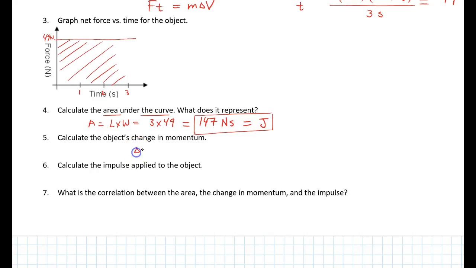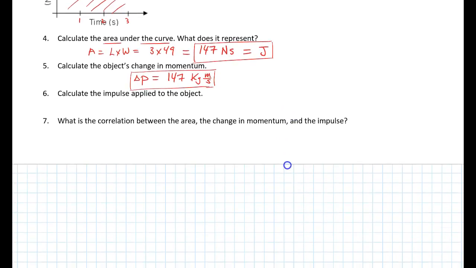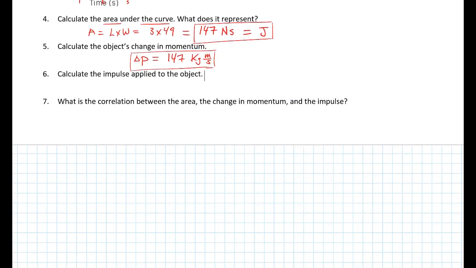What is the change in momentum? Well, it's the same as the impulse. Notice how I'm speeding things up a little bit because we've already done a similar problem.